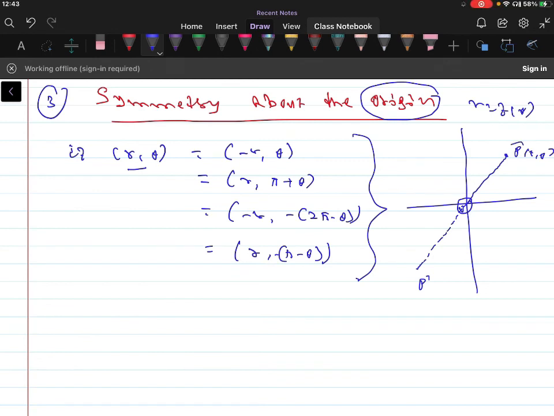The image of P is P dash. P dash has a point either (minus r, theta) or (r, pi plus theta), otherwise (minus r, minus of 2 pi minus theta), or (r, minus of pi minus theta). So if any one of the conditions is true, then we can conclude that the curve is symmetric about the origin.